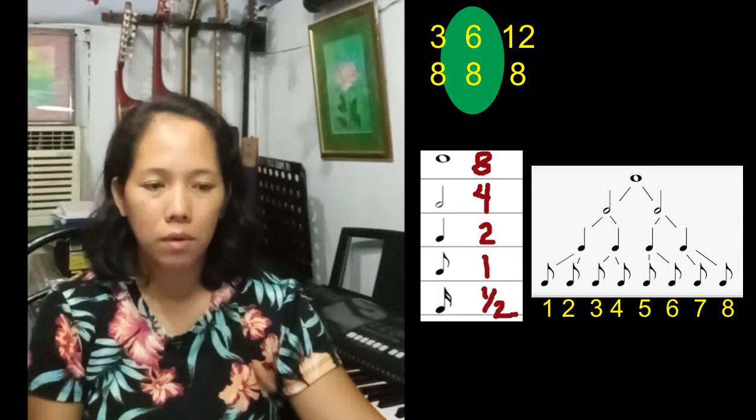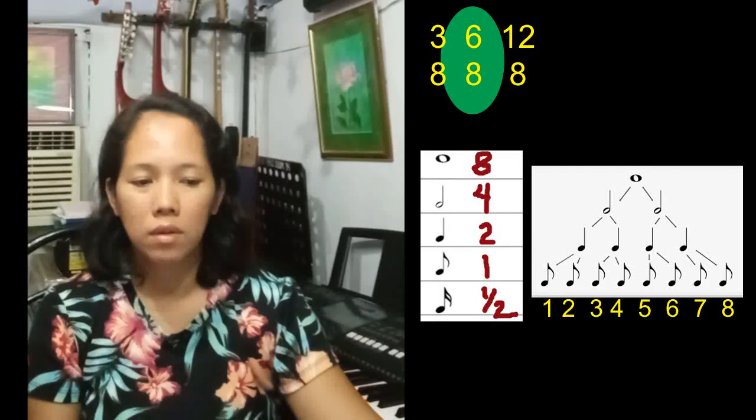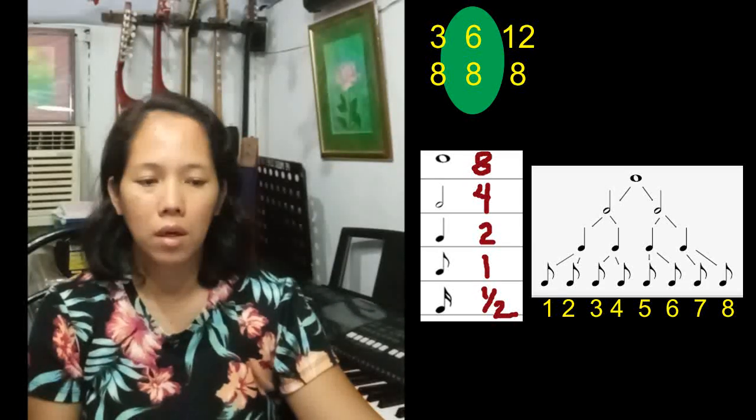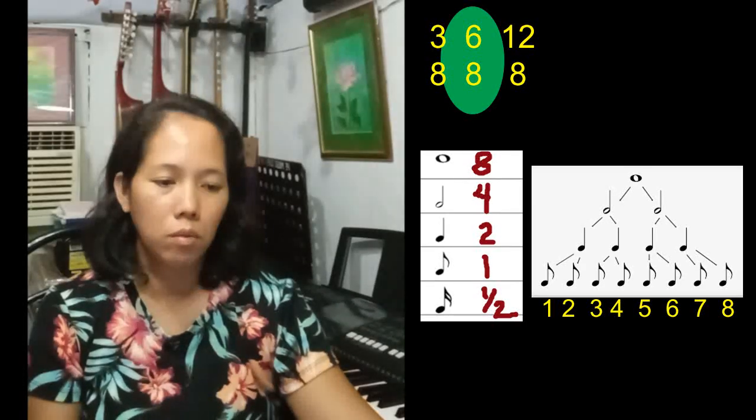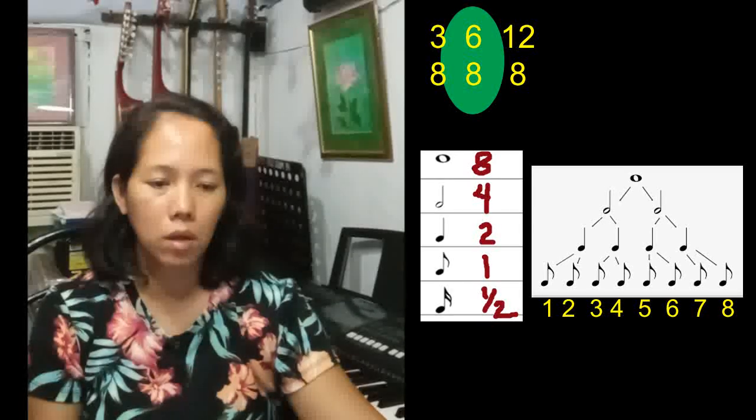It's very evident because there are 2 8th notes inside it. Okay? And then, okay, this one is just 1 because it's just alone. And the other one, the 8th note, is 1/2 because inside each 8th note are 2 16th notes.